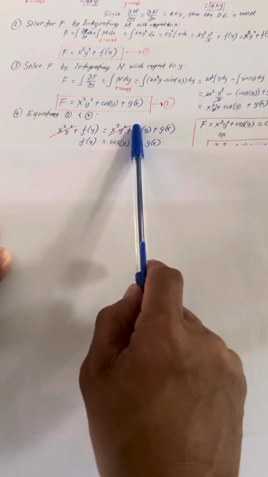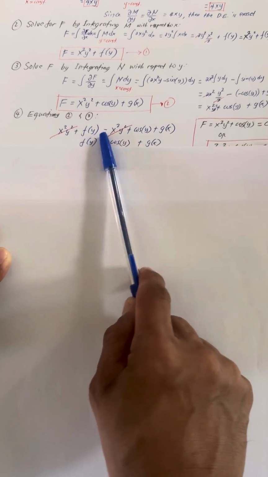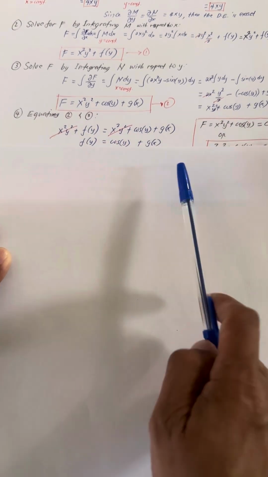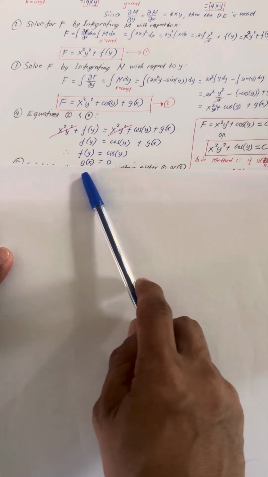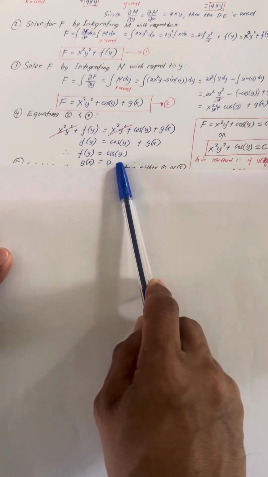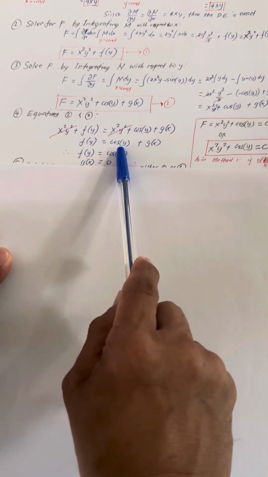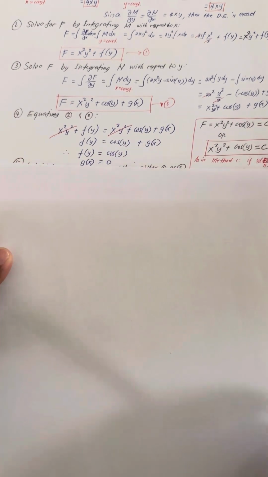So when you subtract both sides by x squared y squared, we got only f of y on the left side, which is cosine y plus g of x. So therefore we can say that our f of y is equal to cosine y, but our g sub x is equal to 0. Okay, so we have here f of y, function of y, we have cosine, but we don't have g sub x. So that's why our g sub x is equal to 0.